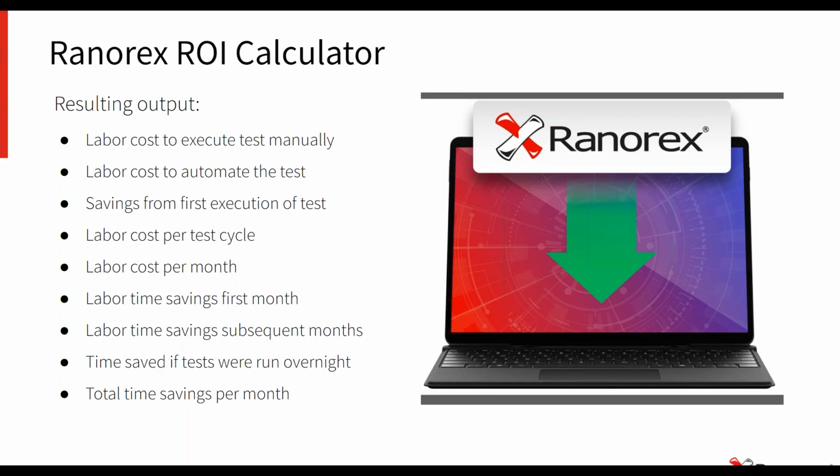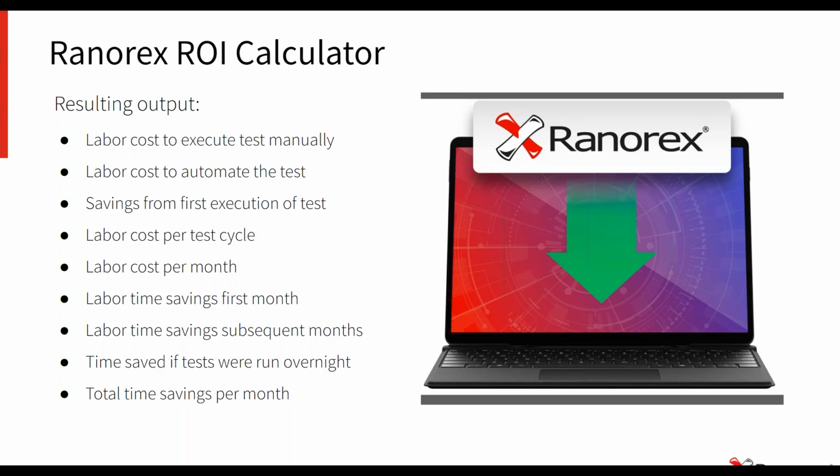So the very first time you run it, you're probably not going to see great savings. But over time, when you look at how many iterations you run in a cycle, and how many cycles are in a month, then it really starts adding up, especially those repetitive tests that you might run 100, 200, 1,000 times throughout a month.